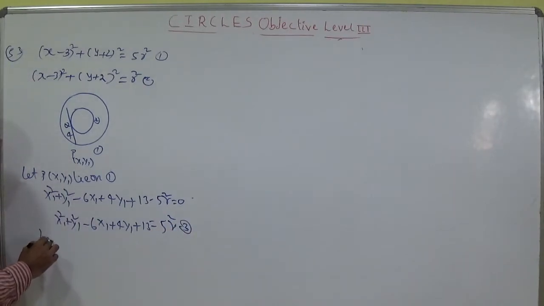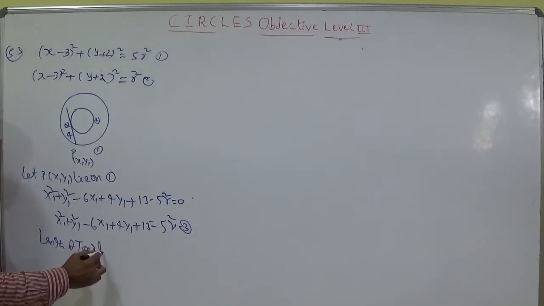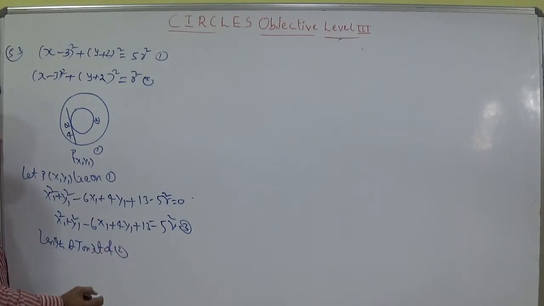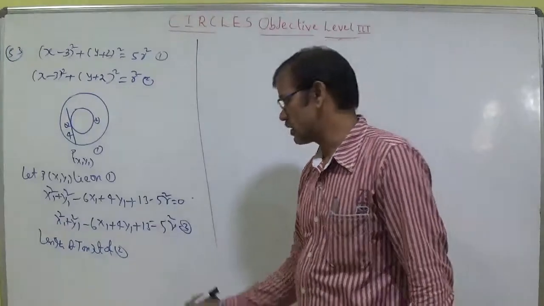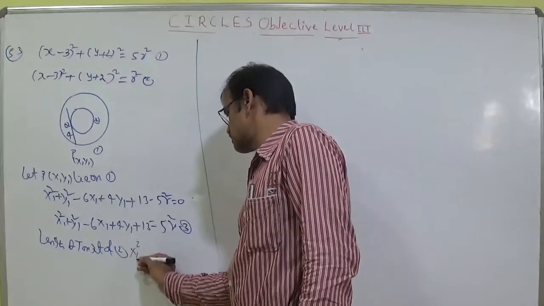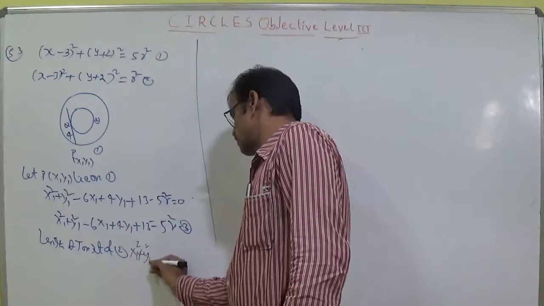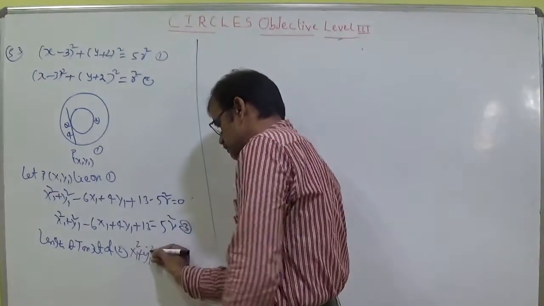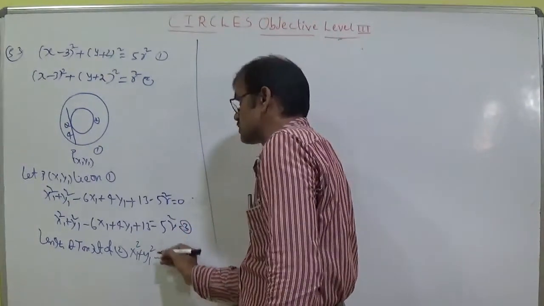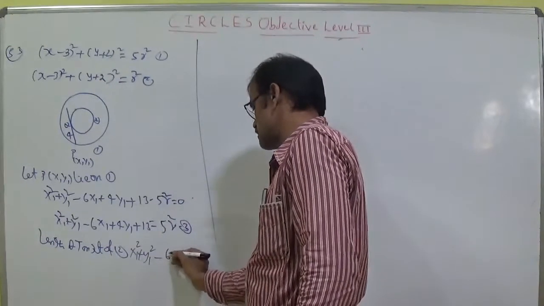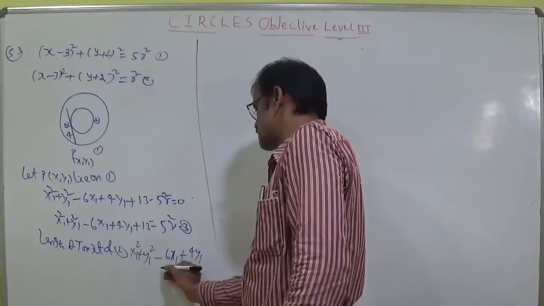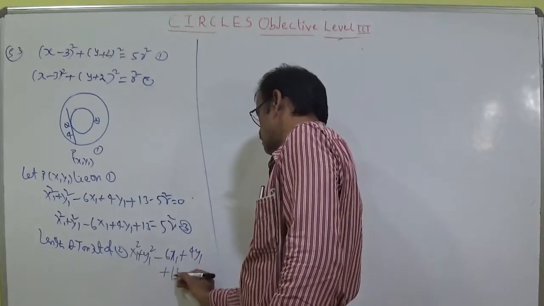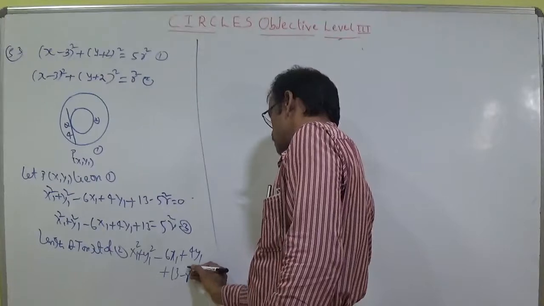Length of tangent of 2. So expand the second circle. Length of tangent of 2 we can write x1 square plus y1 square, expand this one, minus 6x1 plus 4y1 plus 13 minus r square.